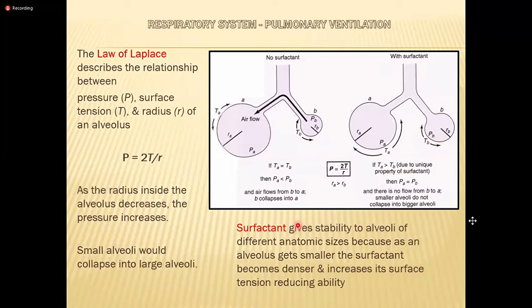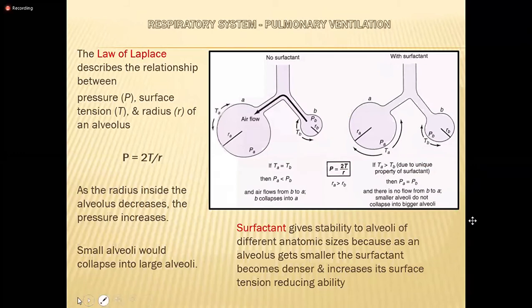If this is bigger than B, the surfactant here is more spread. As the alveolus becomes smaller, the surfactant comes together, so it becomes denser, and so gives stability to the alveoli.